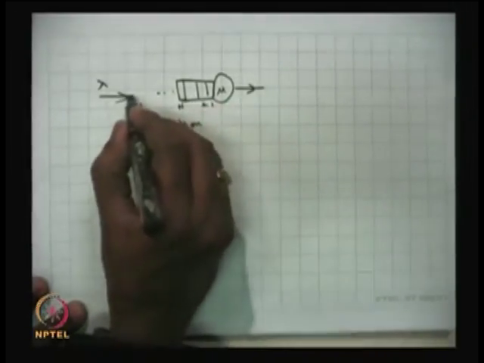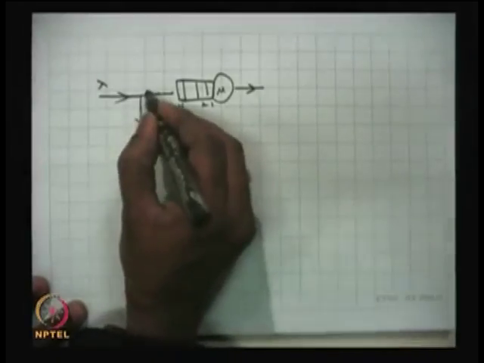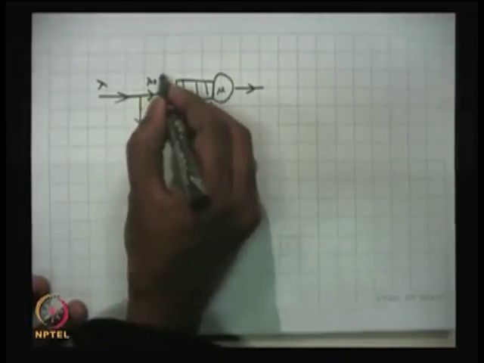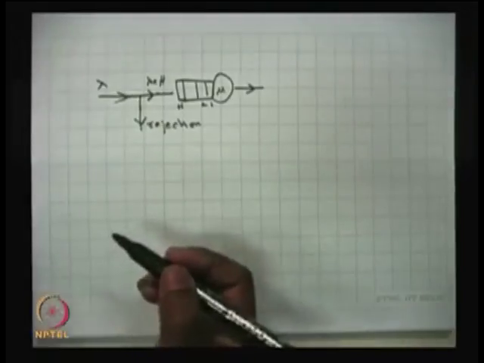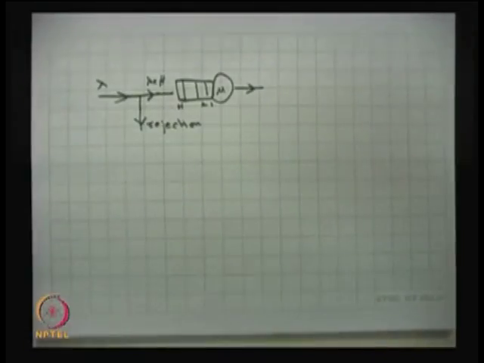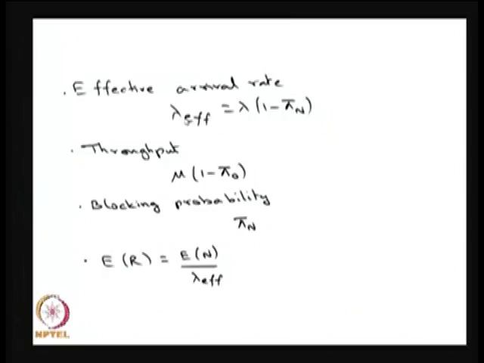So, there is a partition here. So, the effective arrival rate is lambda effective. That rate will be the probability that the system is not full multiplied by the arrival rate lambda, that is going to be the lambda effective.